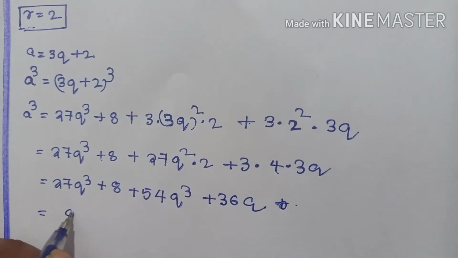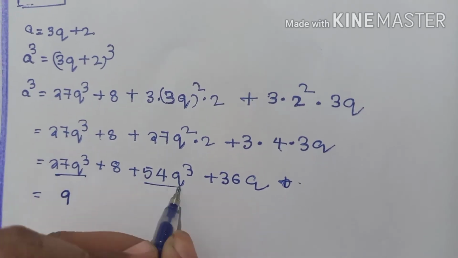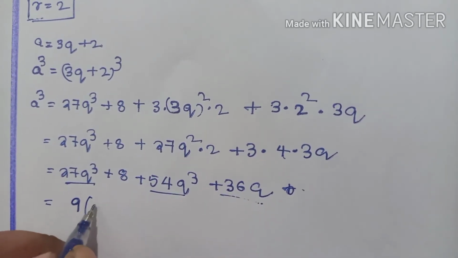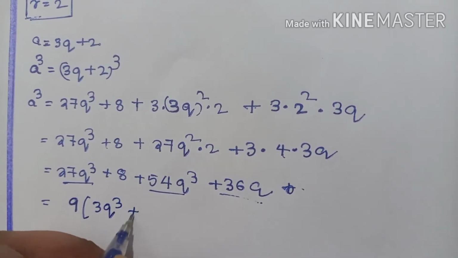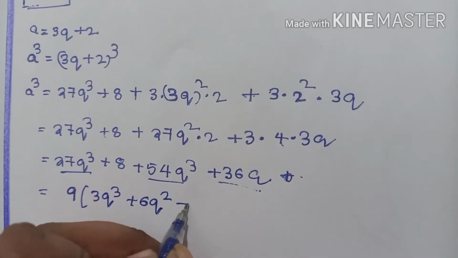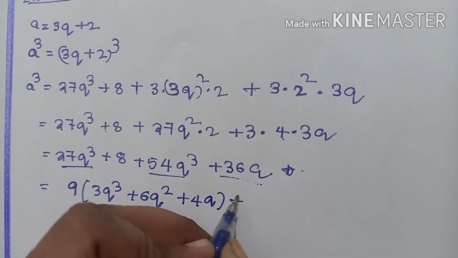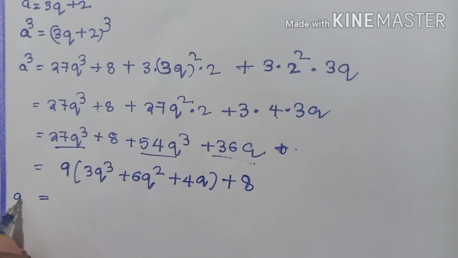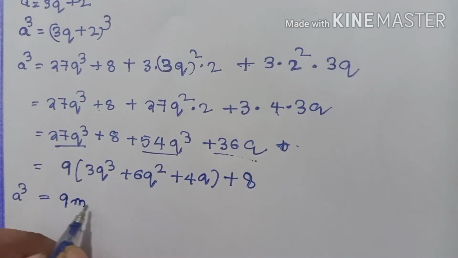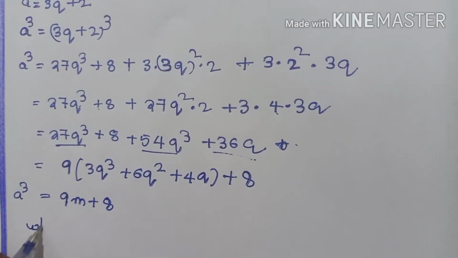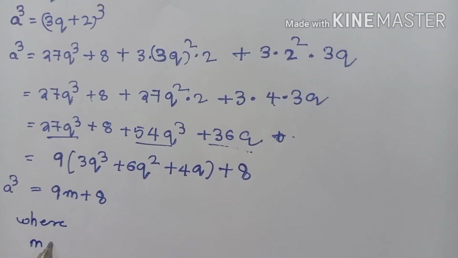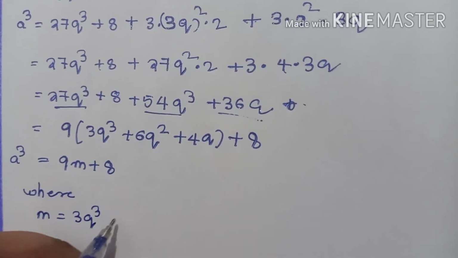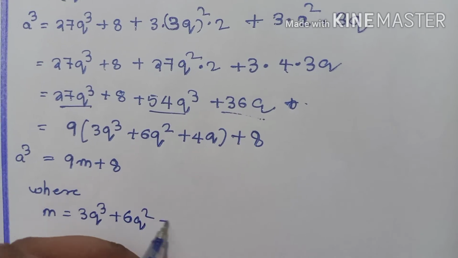Now taking 9 common from the terms, we get 3 q cube plus 6 q square plus 4q, plus 8. Now a cube gives us 9m plus 8, where m equals 3 q cube plus 6 q square plus 4q.